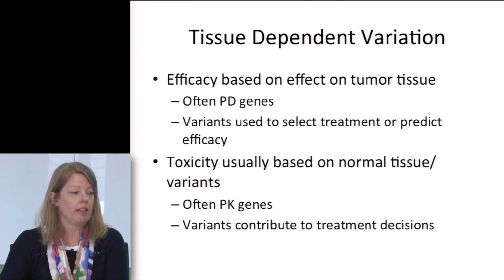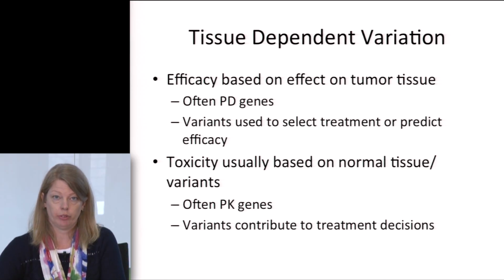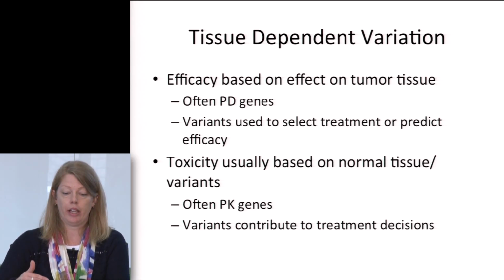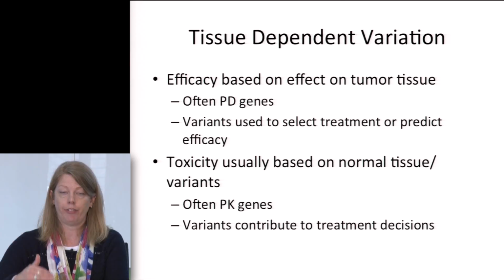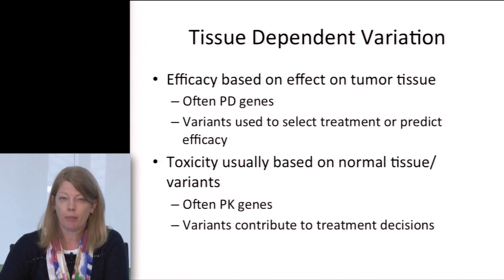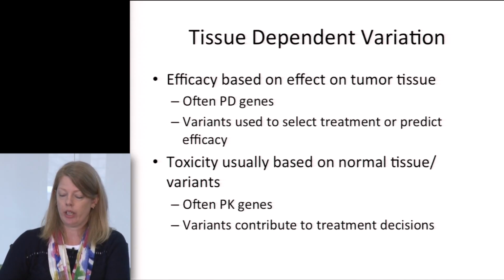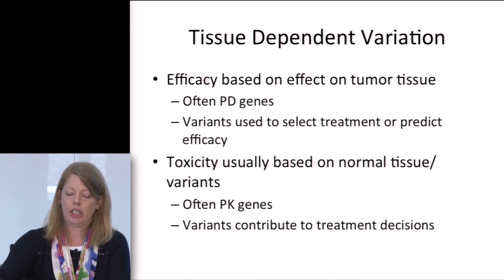Many times, the efficacy of a drug is based on the tumor tissue, so how well the drug is fighting the tumor tissue. So that's based on the pharmacodynamic genes in that case. The drug is targeting the pharmacodynamic genes. The mechanism of action is against the genes in the tumor cells.